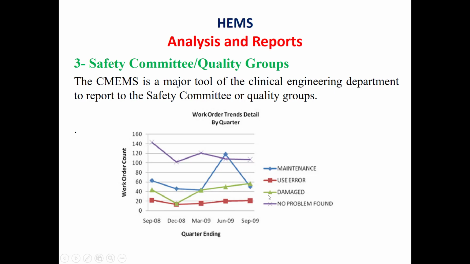So as we can see, these are the number of work orders generated in a 4-month period. The reason behind these work orders can be either maintenance, use error, damage, or no problem found. As we can see in this chart, the highest number of work orders was the result of no problem found.